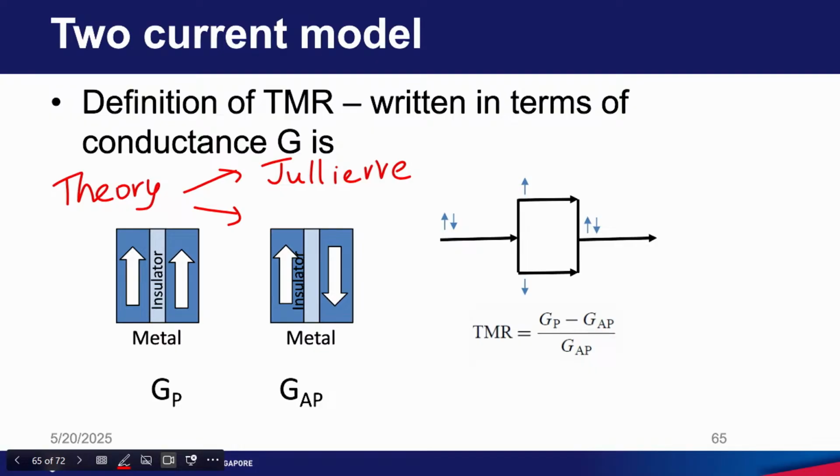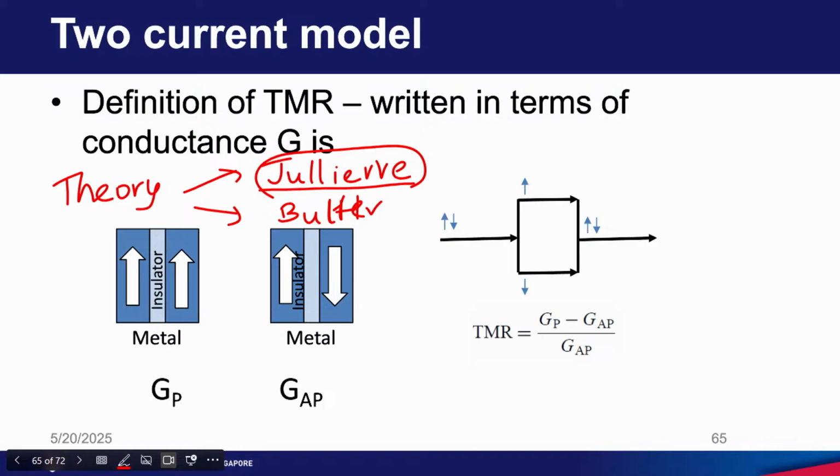Then there is also a recent model proposed by Butler. So, there are two models for the understanding of TMR. For the time being, let us look at the old model, the Julliere model.